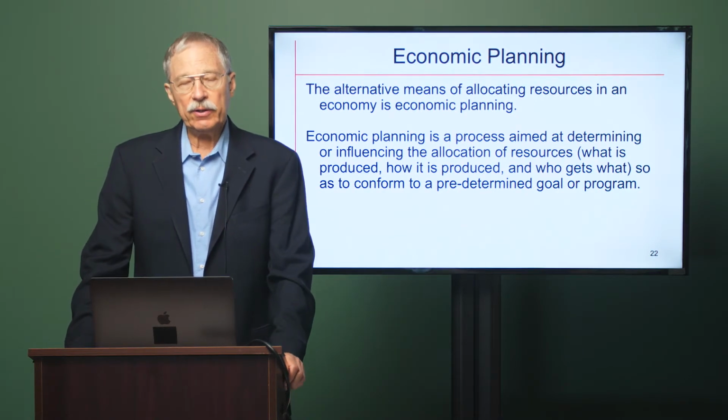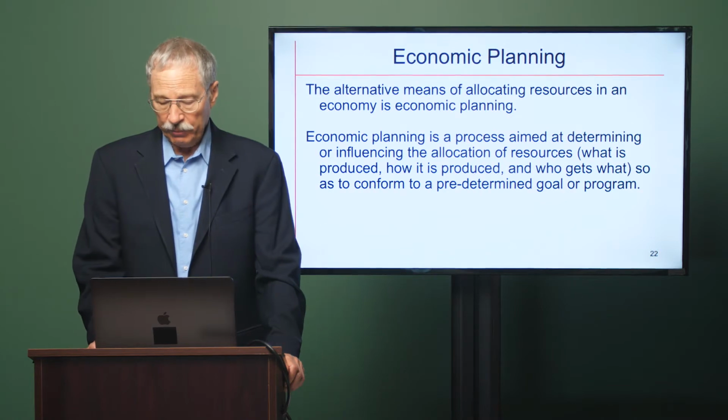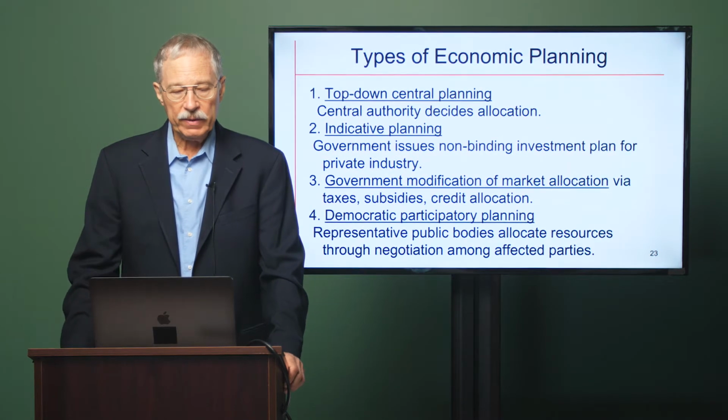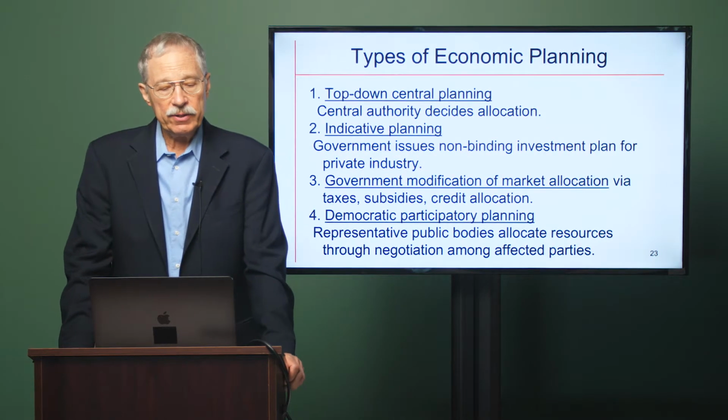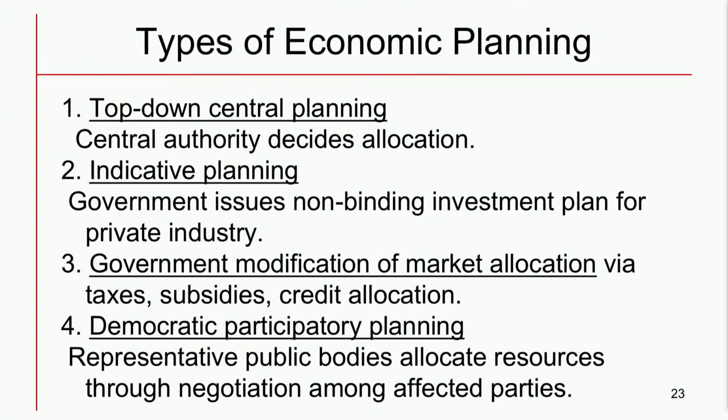Now, there are different forms of economic planning. One, called top-down central planning, guided the economy of such states as the Soviet Union, China in an earlier period, Cuba even today, in which a central authority decided the allocation of resources.